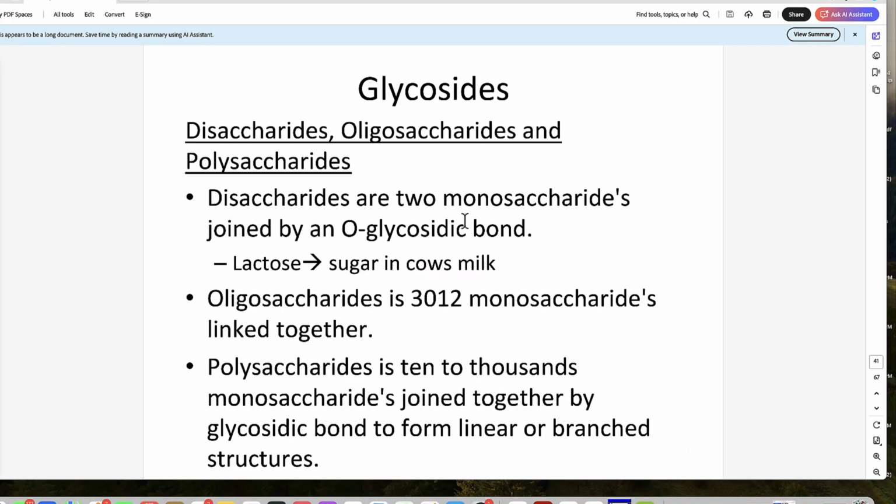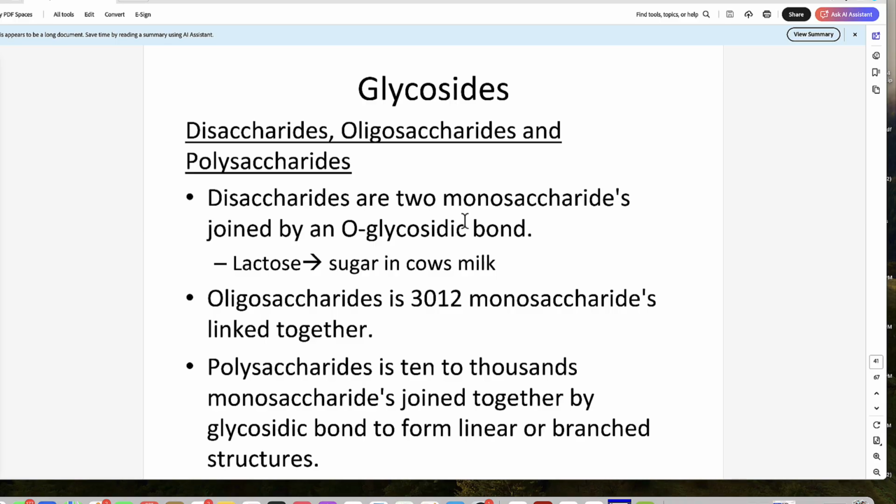All right, so disaccharides, oligosaccharides, and polysaccharides. Break down the term that you see here: disaccharides, di being two. Disaccharides are two monosaccharides joined together by an O-glycosidic bond. The example, as I said earlier, is lactose. Oligosaccharides are 3 to 12 monosaccharides linked together.